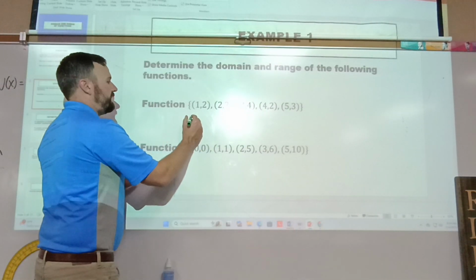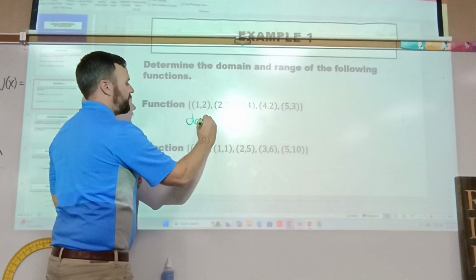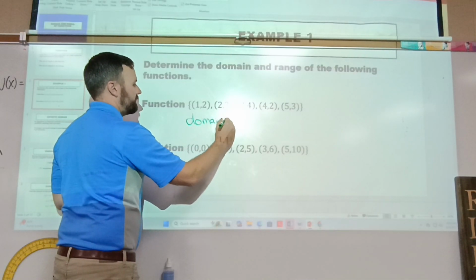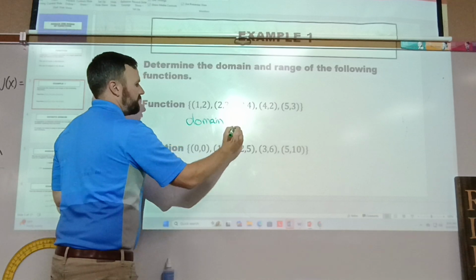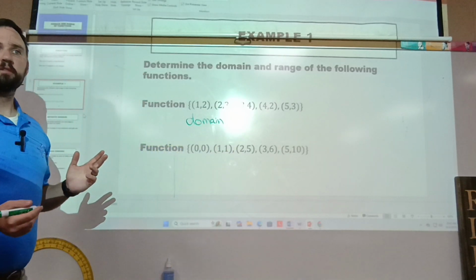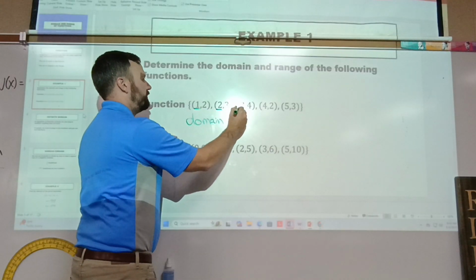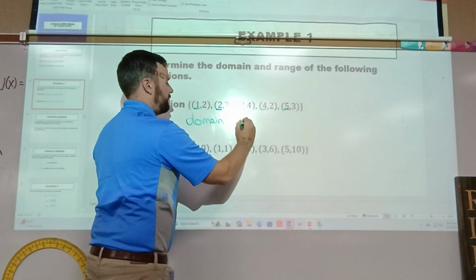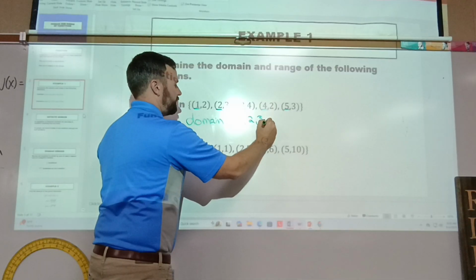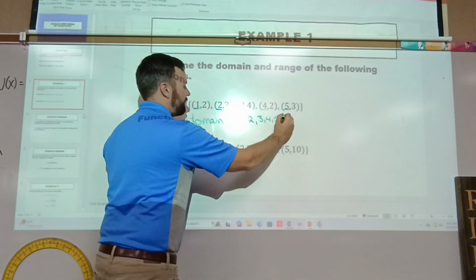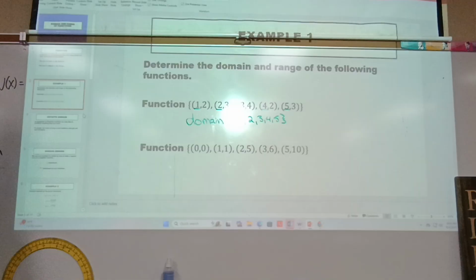So my domain, these are from the last one, right? My domain are all my X values. What are my X values? 1, 2, 3, 4, and 5. That's my domain of that function.